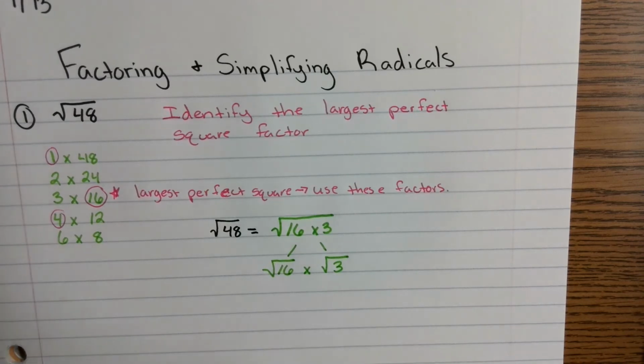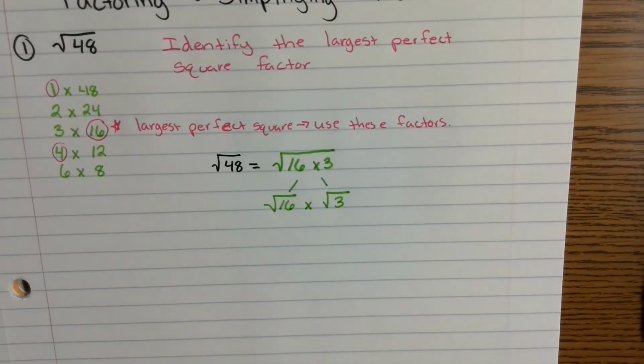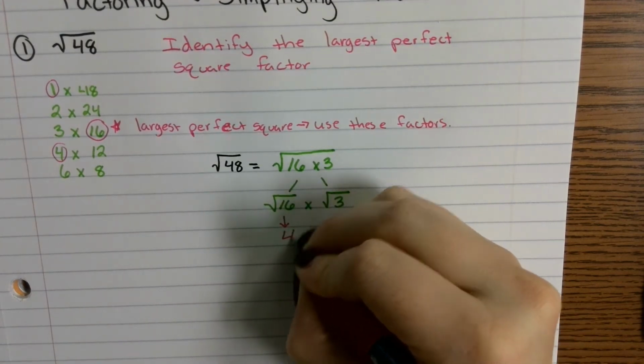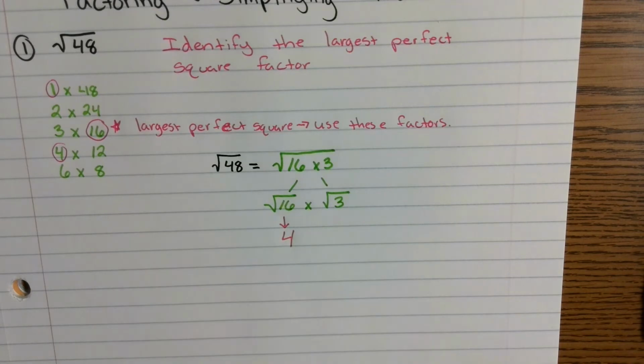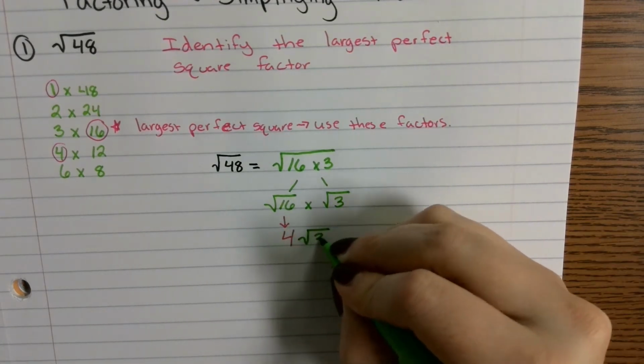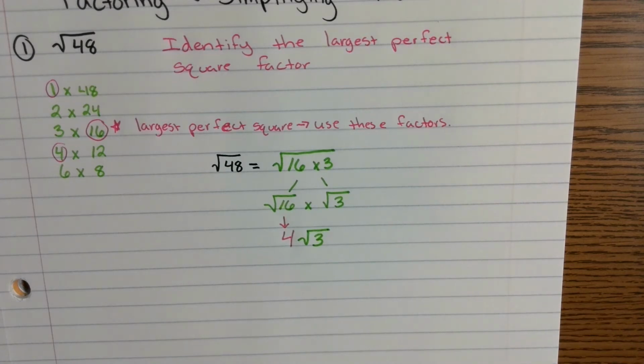Now, square root of 16, like we said before, is perfect, isn't it? What is the square root of 16? 4. So that becomes 4. Square root of 3 is not perfect, and it can't be simplified any further. So it's 4 square root of 3. And that's our final answer.